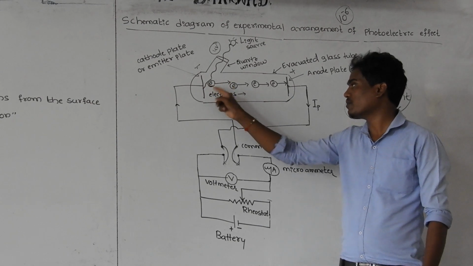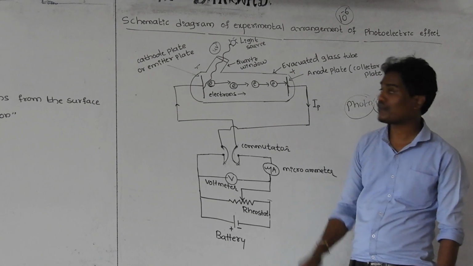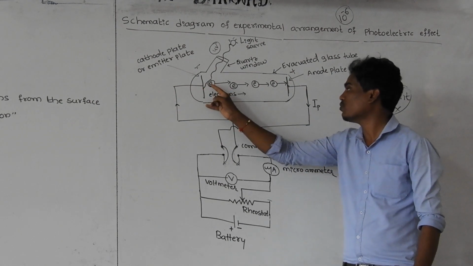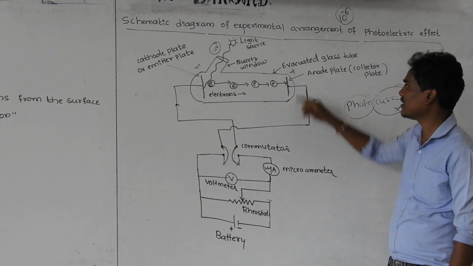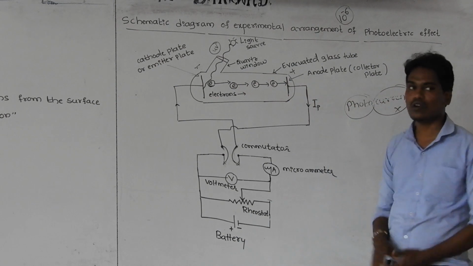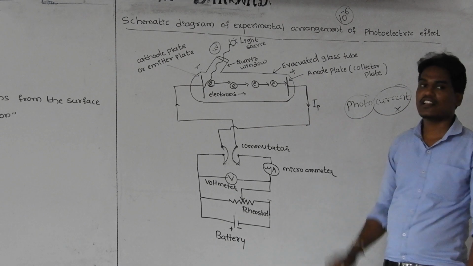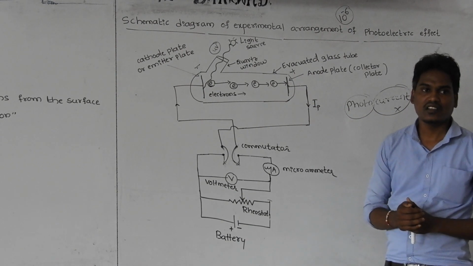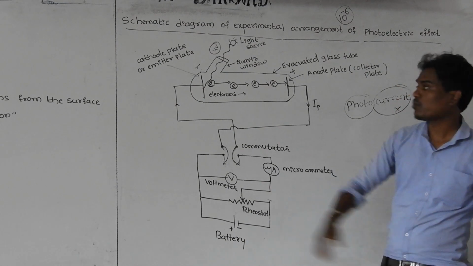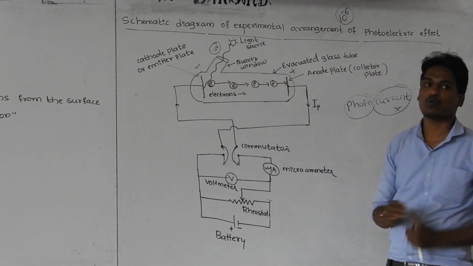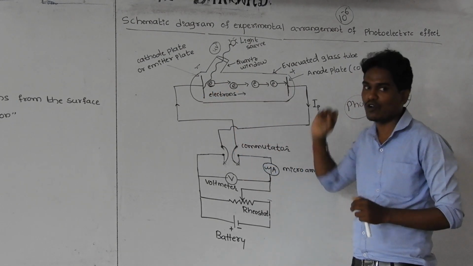The emitted electron experiences the electrostatic force of repulsion from the metal and moves towards the anode plate, and the potential of the anode plate is positive. That's why the anode plate attracts the electron. On one side there is an electrostatic force of repulsion, on the other side an electrostatic force of attraction. As a result, the electron is moving from cathode to anode.